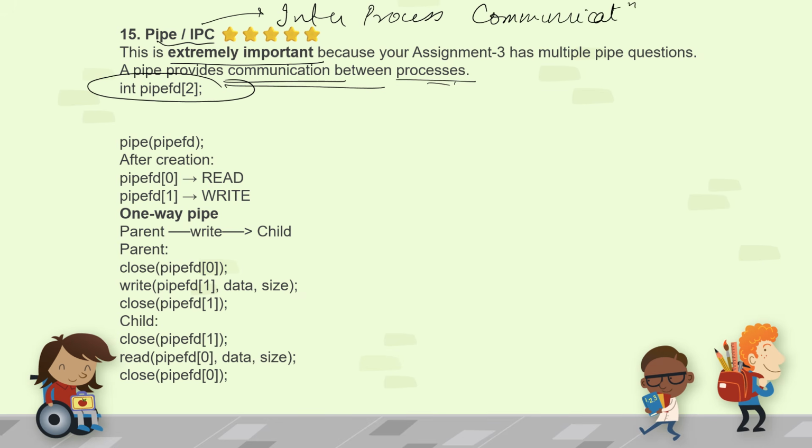Basically it is a basic operating system tool that lets separate programs or processes talk to each other. Let's say we create one end for read and one for write. For a one-way pipe, we let a parent either write to the child or vice versa. Then you close the unused end, write the data, close, and similarly for your child.